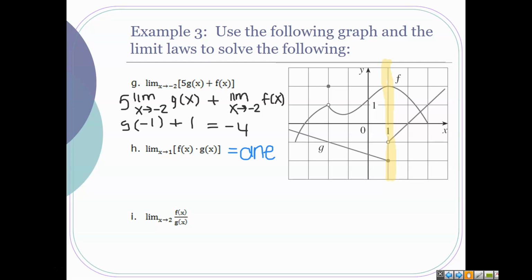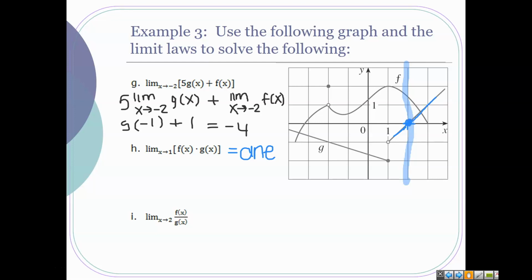And then in I, the limit as x approaches 2 of f of x over g of x. So now we're talking about 2. So at g of x, the left-hand limit and the right-hand limit are both approaching.